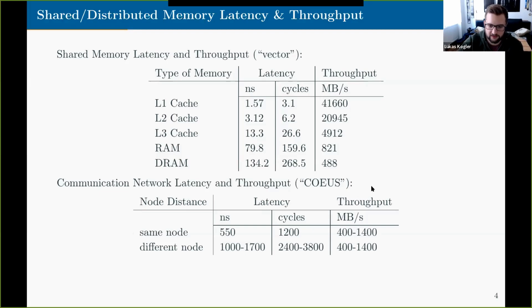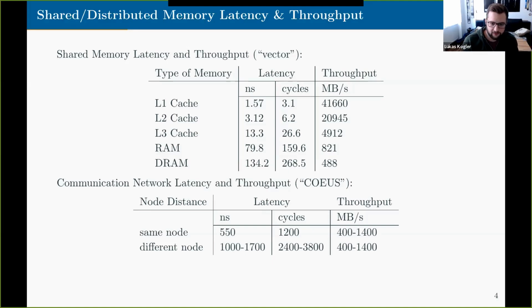In contrast, I did the same thing, but instead of reading directly from memory, I read something from memory and then sent it through this communication network to another core. And I looked at what the latency and the throughput are now. We see that the latency is much, much higher. It's thousands of cycles. We're leaving the nanosecond scale.